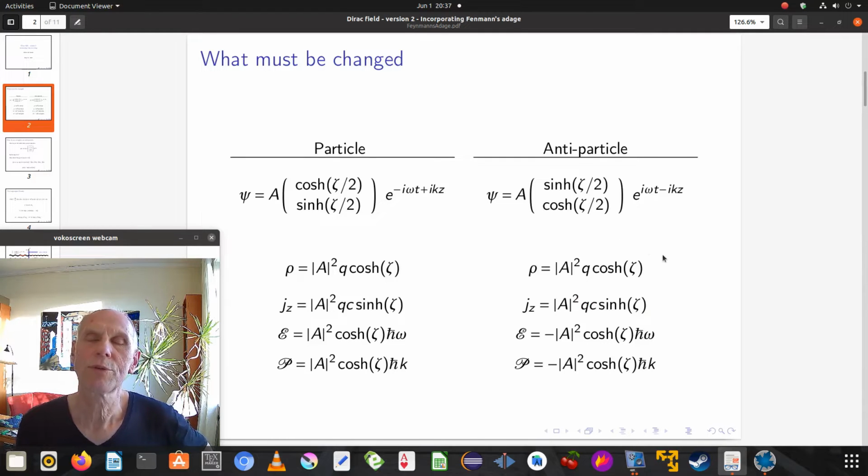We need a theory that doesn't do that. The theory on the particles works consistently and very nicely. So the problem is what to do with this.